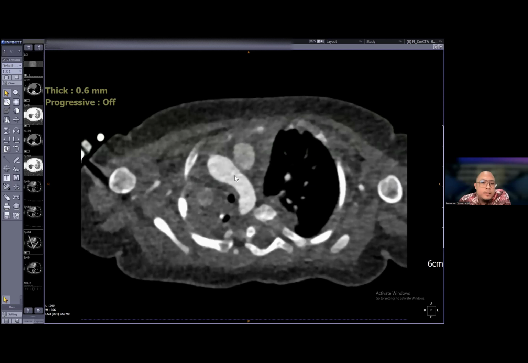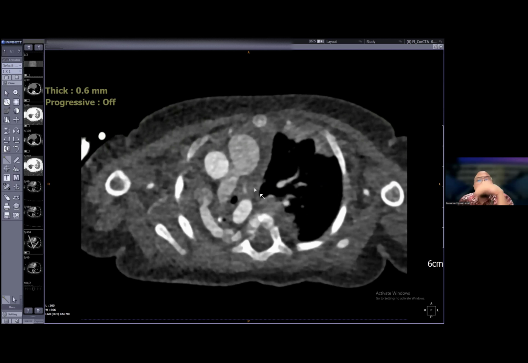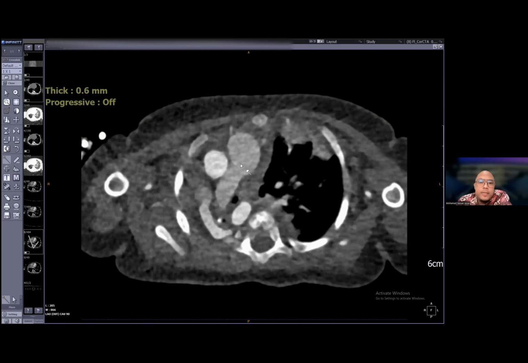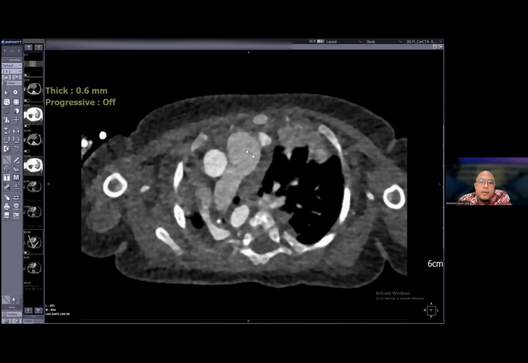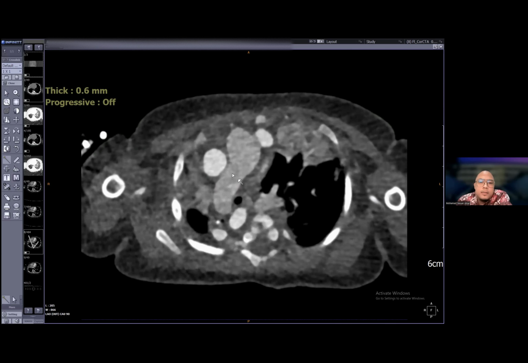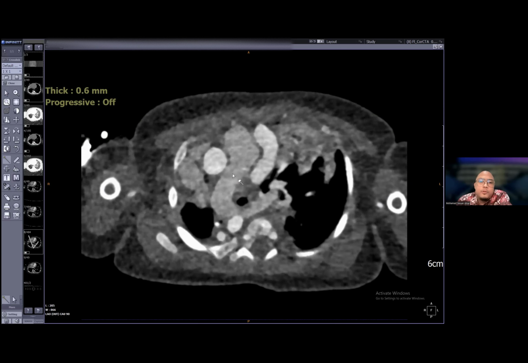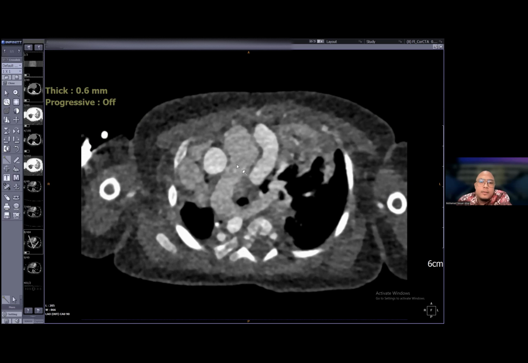Here we can see the aortic arch. I will show with the arrow. This is the aortic arch, and then when I scroll down to the caudal part, we can see this is the main pulmonary artery, and also this is the left pulmonary artery that circles the trachea from the posterior.